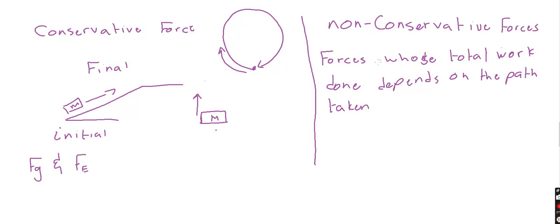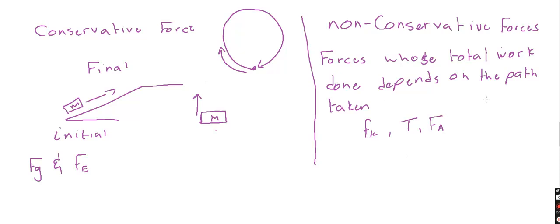But the non-conservative forces, like friction, like the applied force, like tension, will say that there is more work done along the incline than when we are moving vertically upwards. So the examples of these are your friction, your tension, and the applied force.